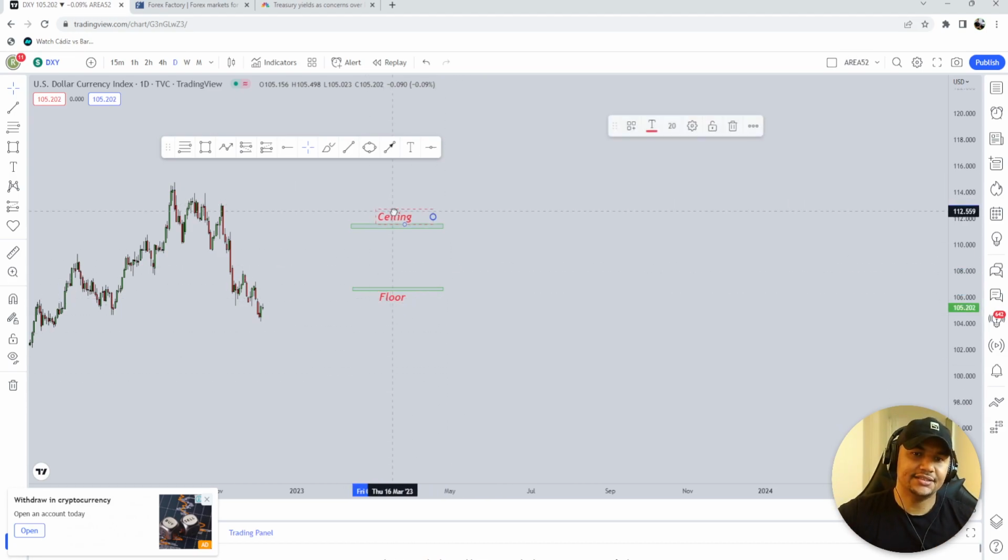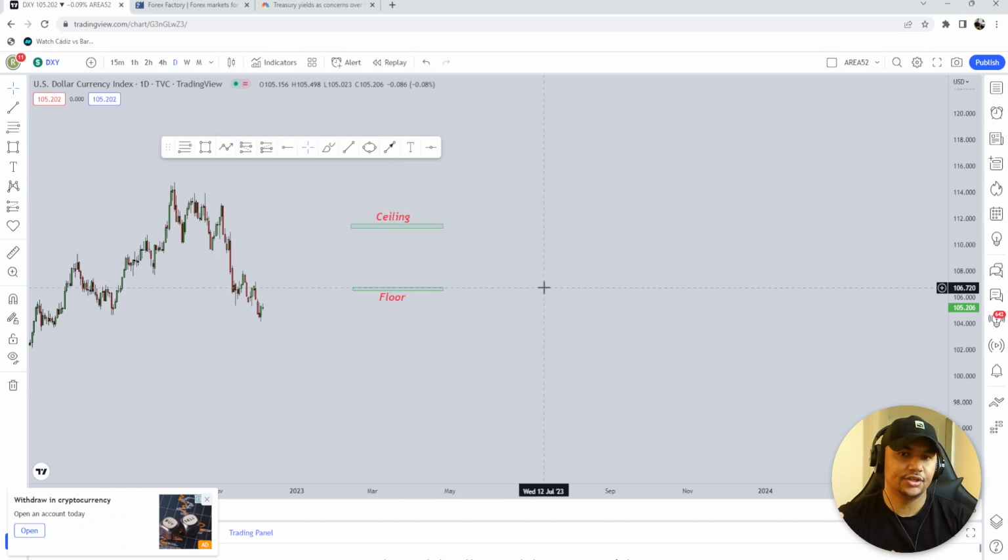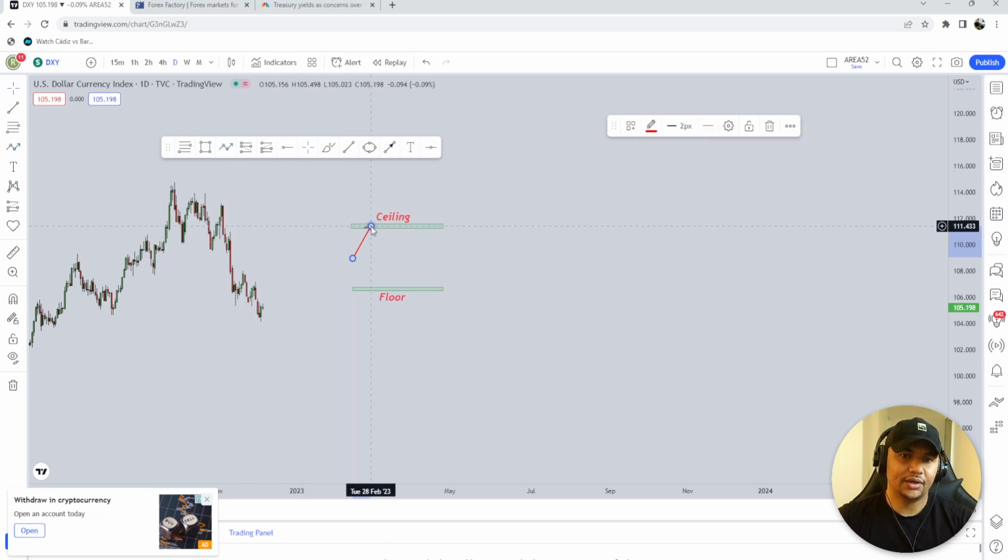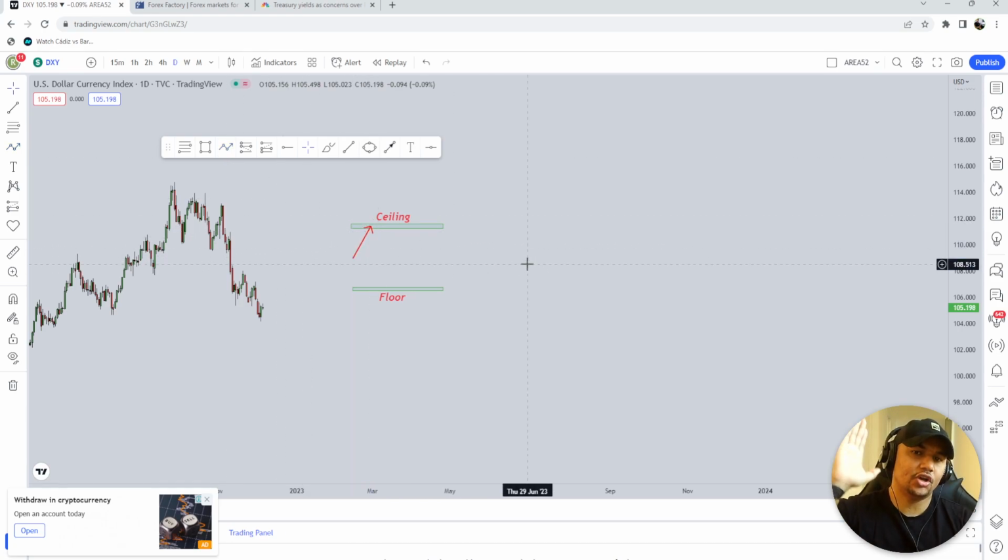The ceiling is the highest place that your house can go, and the floor is the lowest point. The only two places that you can buy and sell are at your ceiling and your floor. Why? Because you can't go higher than your ceiling, so you have to return back to the floor. And the same goes here.